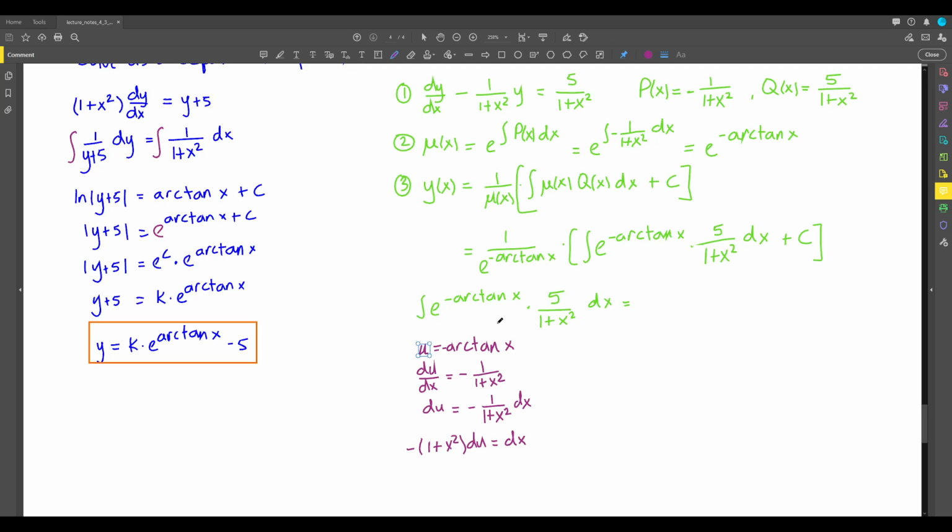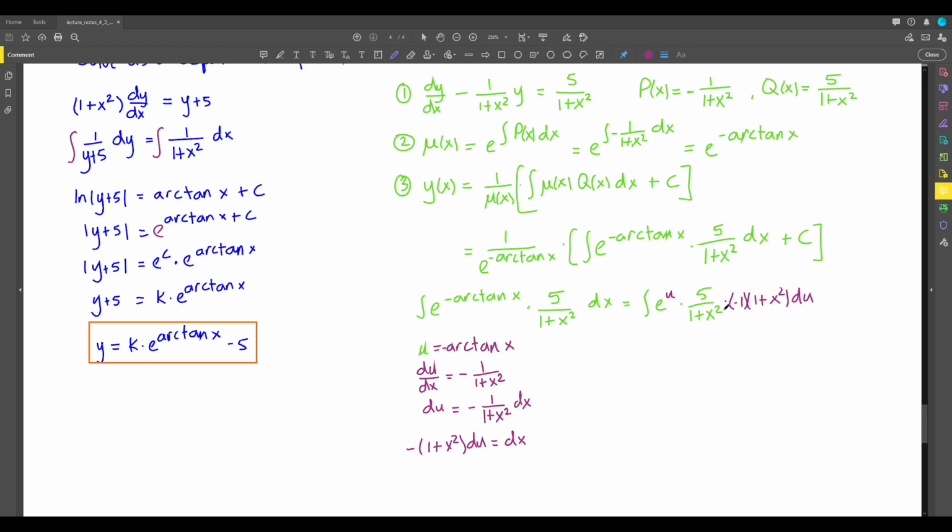Okay, so when we plug that into our integral, we get the integral of e to the power u times 5/(1 + x²), and our dx becomes negative 1 times (1 + x²) du.